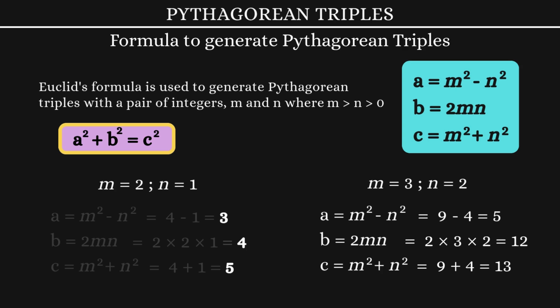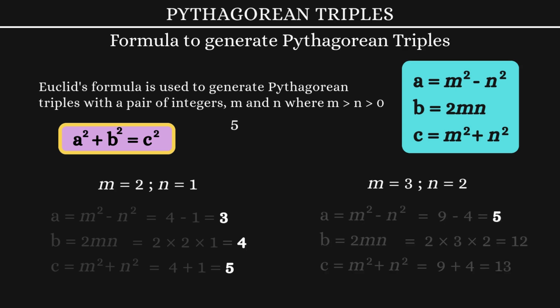So our next set is 5, 12 and 13. Let's verify if this satisfies the Pythagorean theorem. A squared is 25, B squared is 144 and C squared is 169.